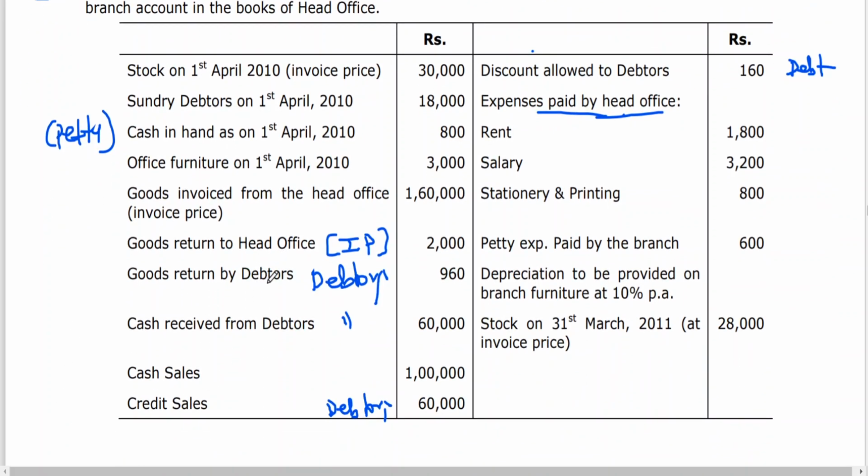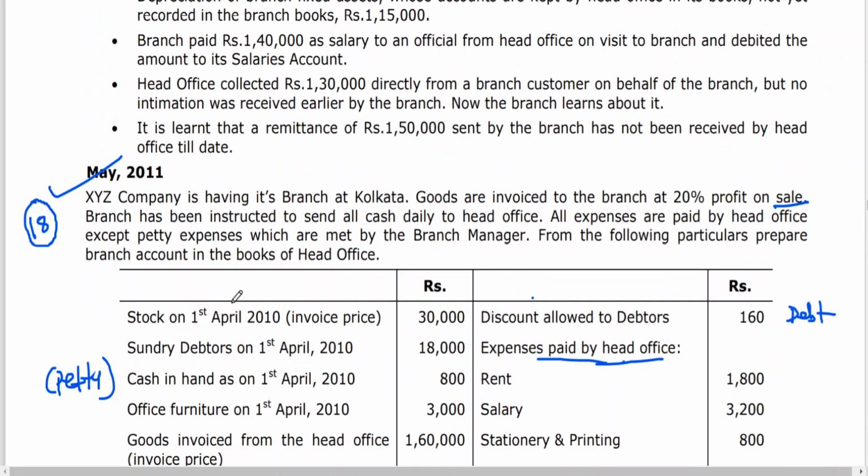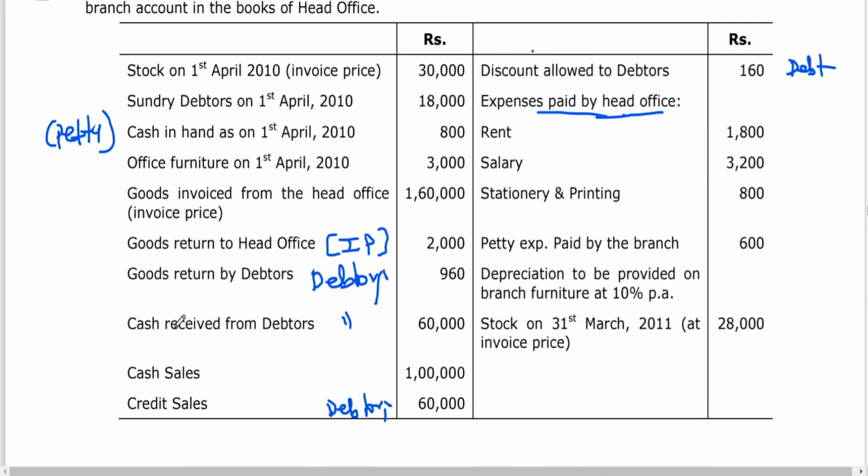And this I told you already, it will go to debtors, but cash receipt from debtors and cash sales, both will be remitted to whom? Whatever the branch is collecting, because we have seen the branch has been instructed to send all cash daily to head office. That means cash receipt from debtors and cash sales has been sent by the branch to head office. So 60 plus 1 lakh, it is coming to 1,60,000.